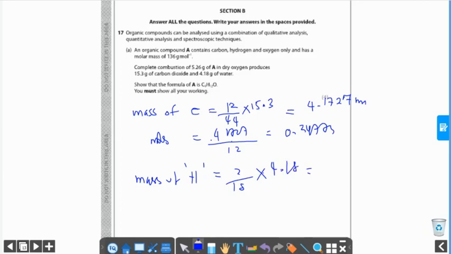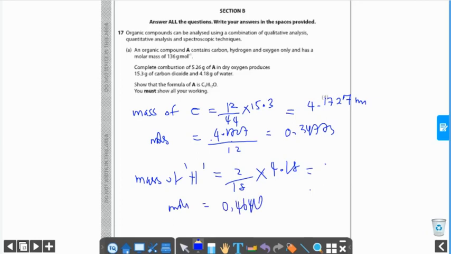You get the mass, and then you can find the moles, which I write here. That gives the moles answer, 0.4644.